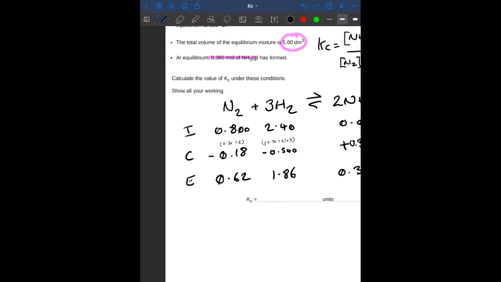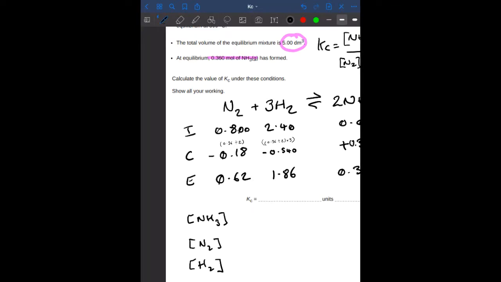Now we have got the number of moles at equilibrium. We're not quite done yet because it's not just the number of moles that we need, it is the concentrations. So we've got concentrations of NH3, N2, and H2 that we need to figure out. We've been given the volume, 5 decimeters cubed.